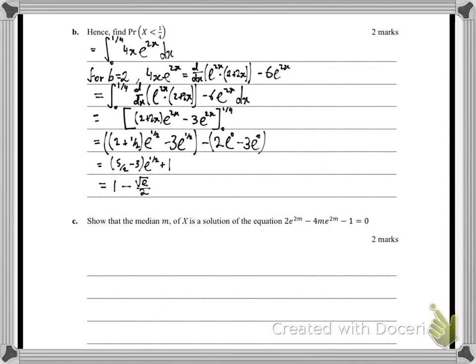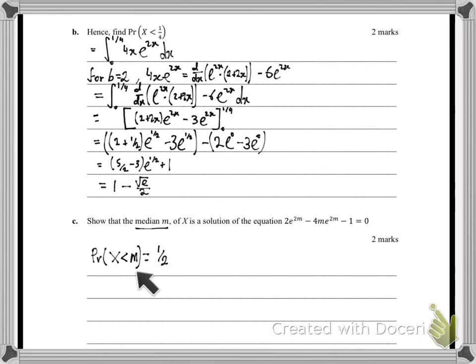And then part C, show that the median value m of x is a solution to this equation. Okay, well, what's the definition of median? The median is the middle number, that is, the probability up to the median value must be 50%, halfway. So the probability less than the median number is going to be a half.